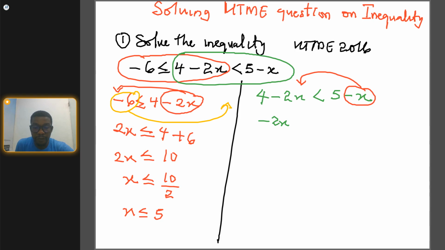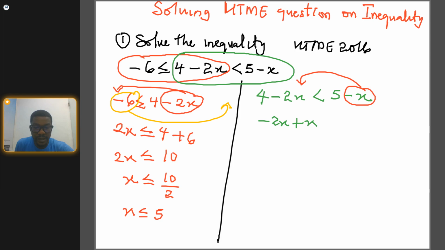We are going to have plus x, because the inequality sign also functions like the equal sign. If any variable or number crosses the inequality sign, it will change sign. So minus changes to plus.